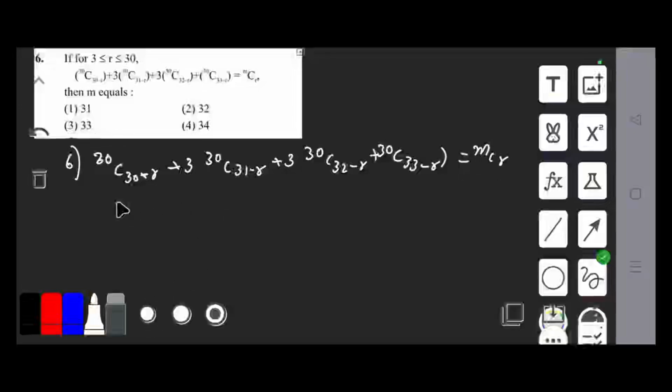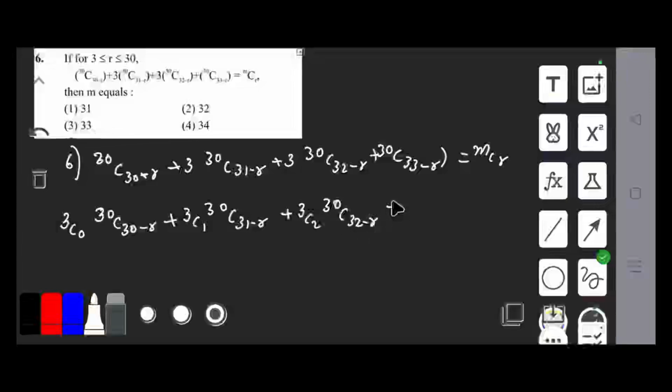Look here, if you observe, write it as 3C0 30C(30 minus R) plus 3C1 30C(31 minus R) plus 3C2 30C(32 minus R) plus 3C3 30C(33 minus R).